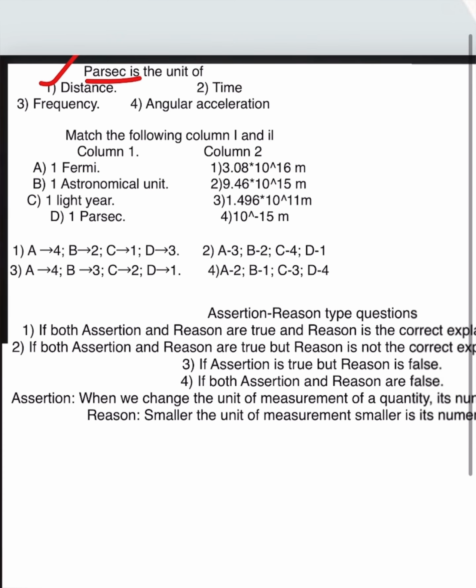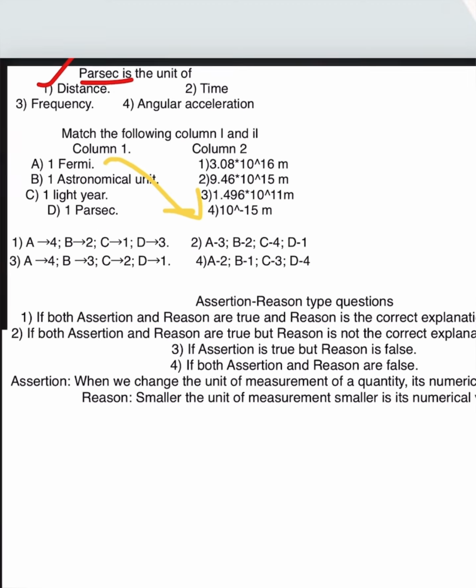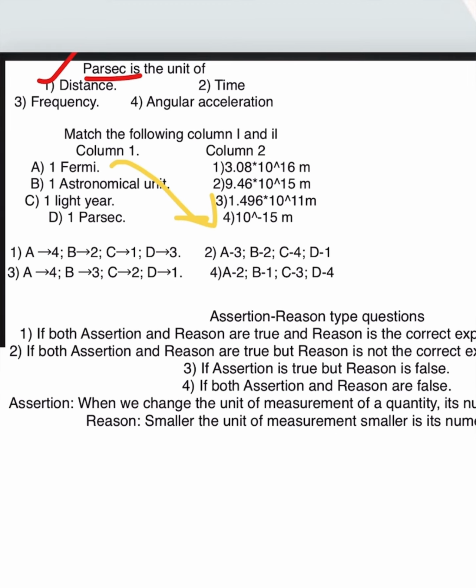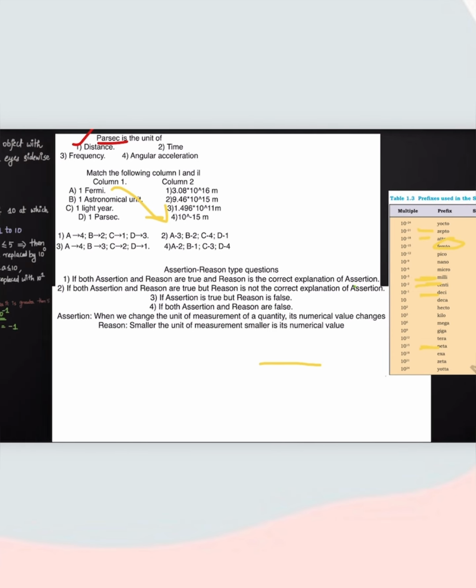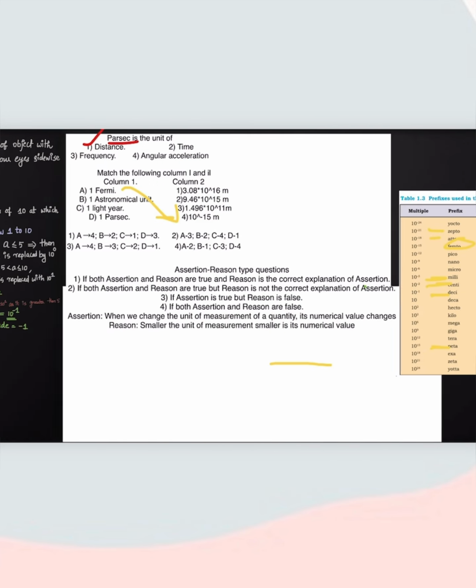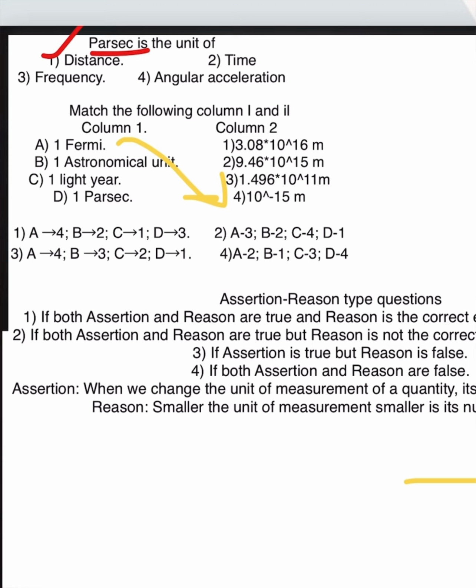Okay, so match the column 1. 10 raised to minus 15 meter is equal to 1 Fermi, and 1 astronomical unit, we have already studied, is equal to 1.496 into 10 raised to 11 meter. Option 3 will be the answer.